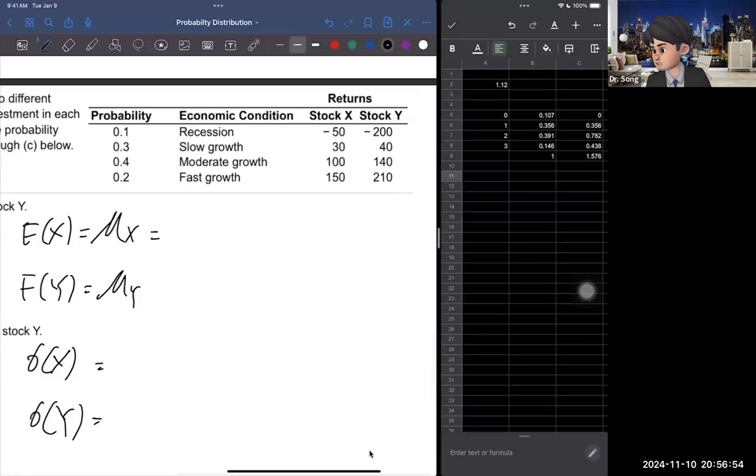By hand, you can set up the equation as follows. Because the formula is the summation of x times the probability of x, you can do it this way. The outcome in this case, negative 50 times the probability 0.1 plus 30, the stock return is 30%, times the probability 0.3 and 100 times 0.4 plus the last one is 150 times the probability 0.2.